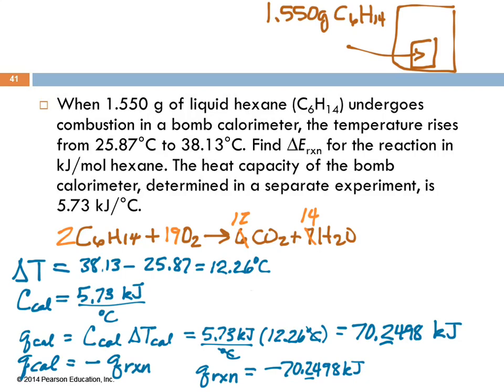So we need the molar mass of hexane. 6 times 12.01 plus 14 times 1.008 is 86.172. That's grams per mole of hexane.